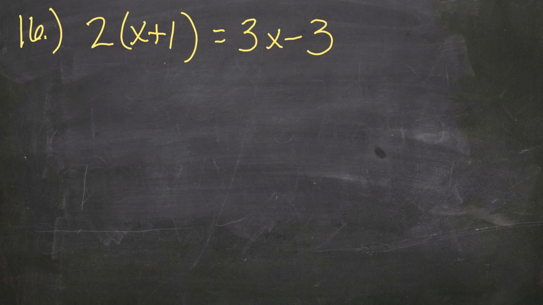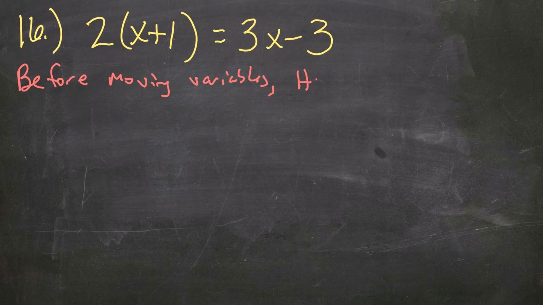Alright, 16. 16 is different because although you have multiple variables, before moving variables, you have to distribute. As soon as you see those parentheses, you have to think distributive property, or I always talk about the pizza delivery guy.